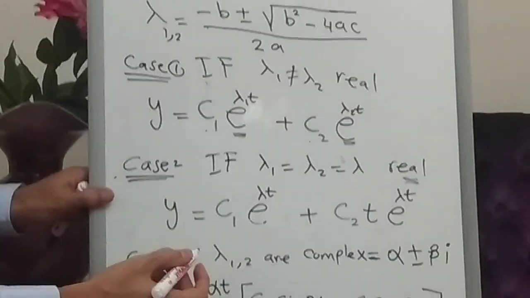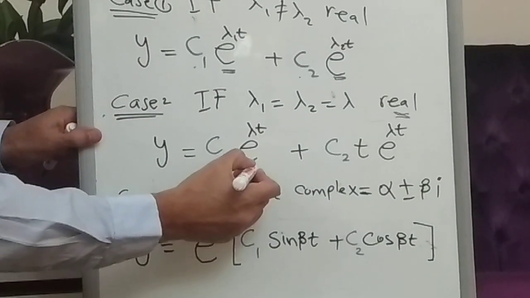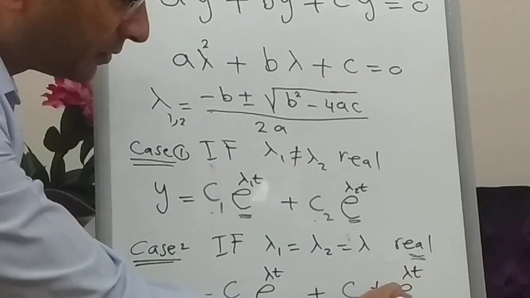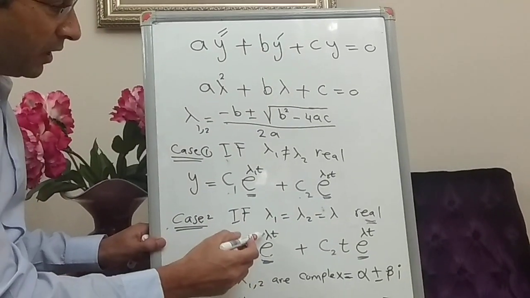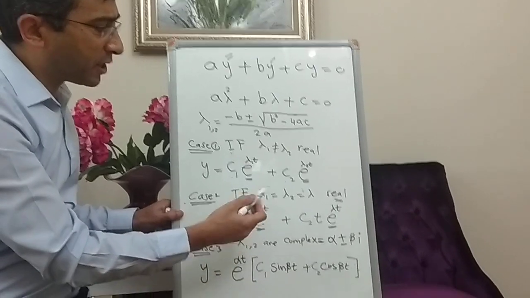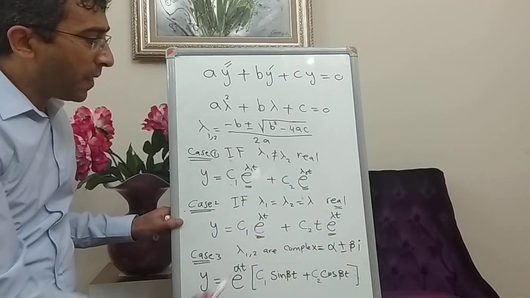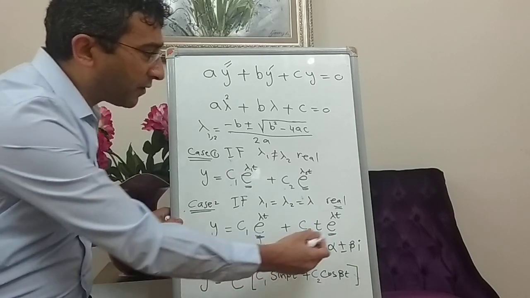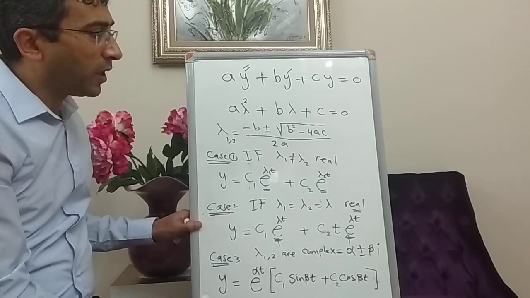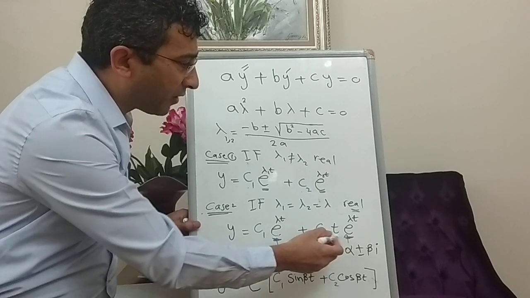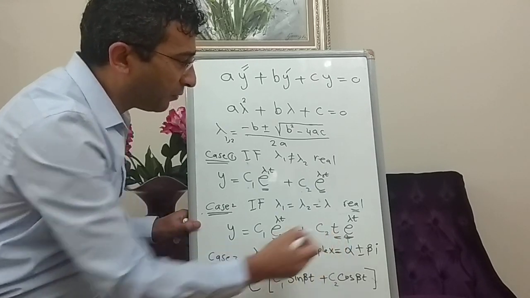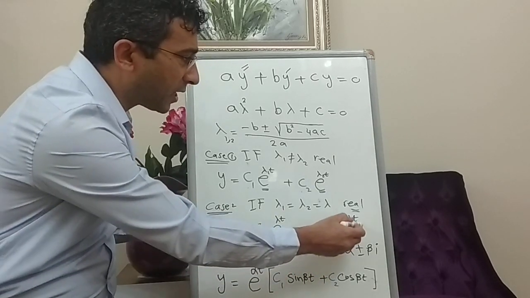So in this case you will have again an exponential function, e to the lambda t. For example, if the real root is 5, it is e to the 5t, e to the 5t. Because this function and this function are the same, you should multiply the second function by t to make it different, because these must be independent solutions.